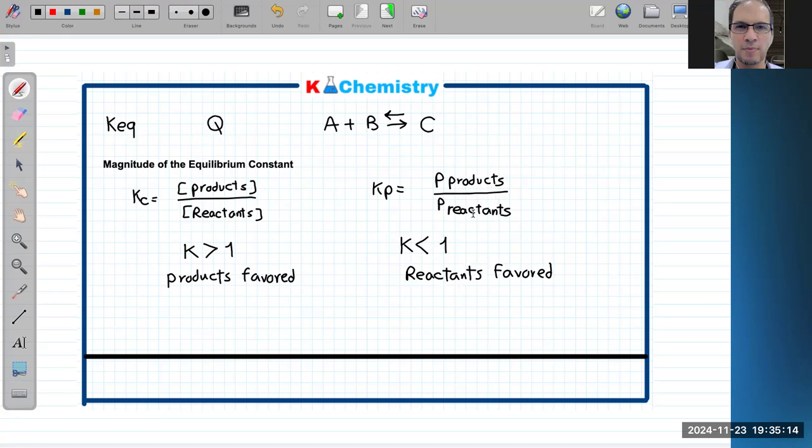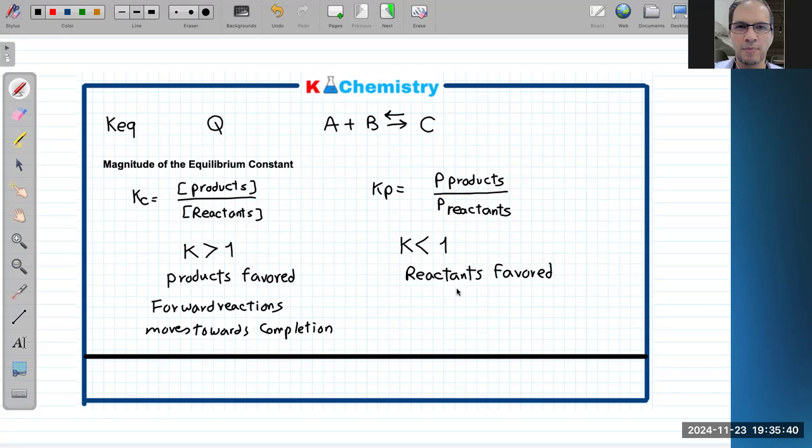So the first one means that if the K is very large, I will say the forward reaction moves towards completion. It's almost completely changed to completion. Almost all of the reactants have gone into the product side.